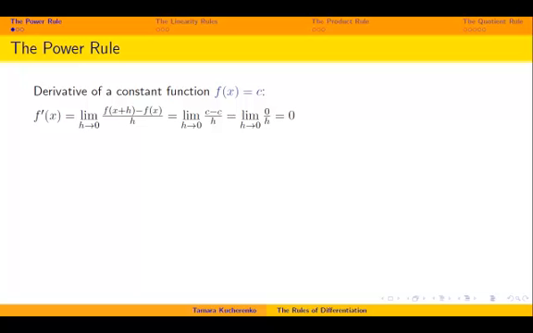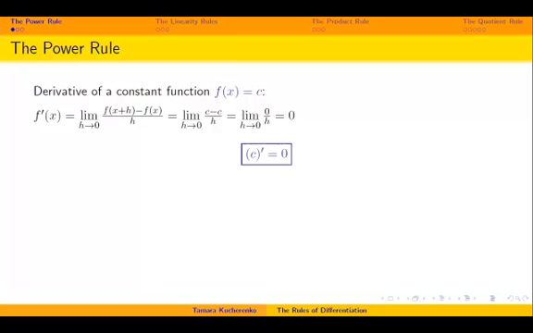Therefore, the derivative of any constant is 0. This fact is obvious from the conceptual point of view, since the derivative is the rate of change and constants do not change. The derivative of any constant function is 0.